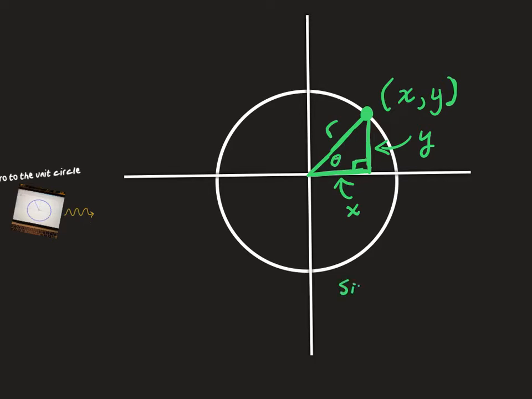Now we are able to write our first trigonometric ratio. So remember, by definition, sine is opposite over hypotenuse. In this case, it will be y over r. And remember, r has a value of 1. Remember, we're talking about a unit circle. The radius is 1.